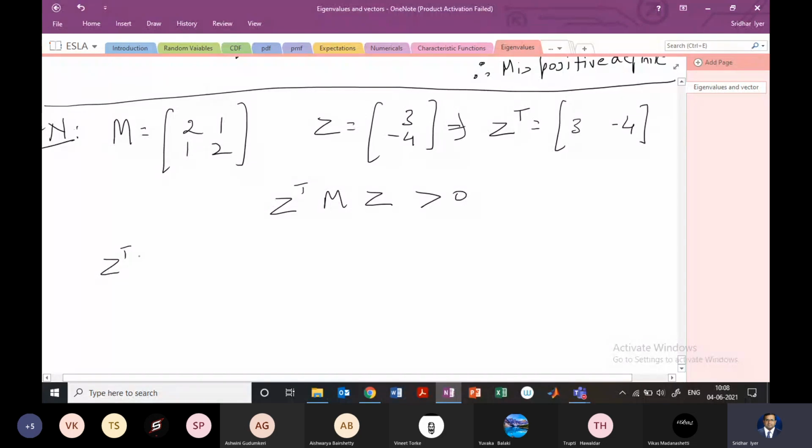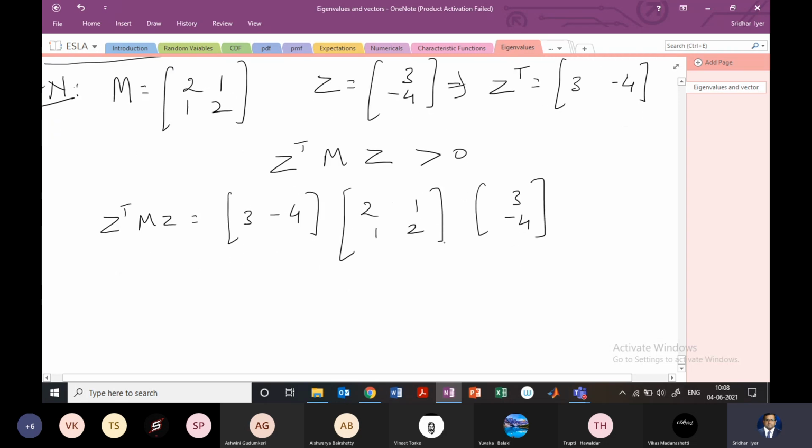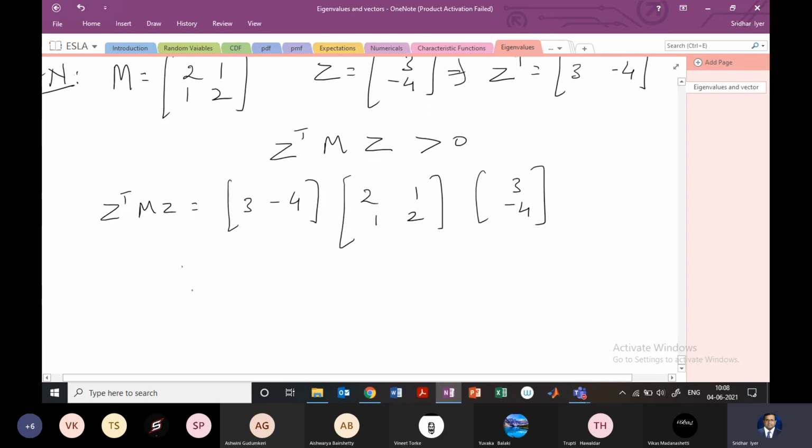So Z transpose M Z will be [3, -4] times [2, 1; 1, 2] times [3; -4]. If this multiplication turns out to be greater than 0, then we can safely say that M will be positive definite, right? This will be multiplied as a row with the column.